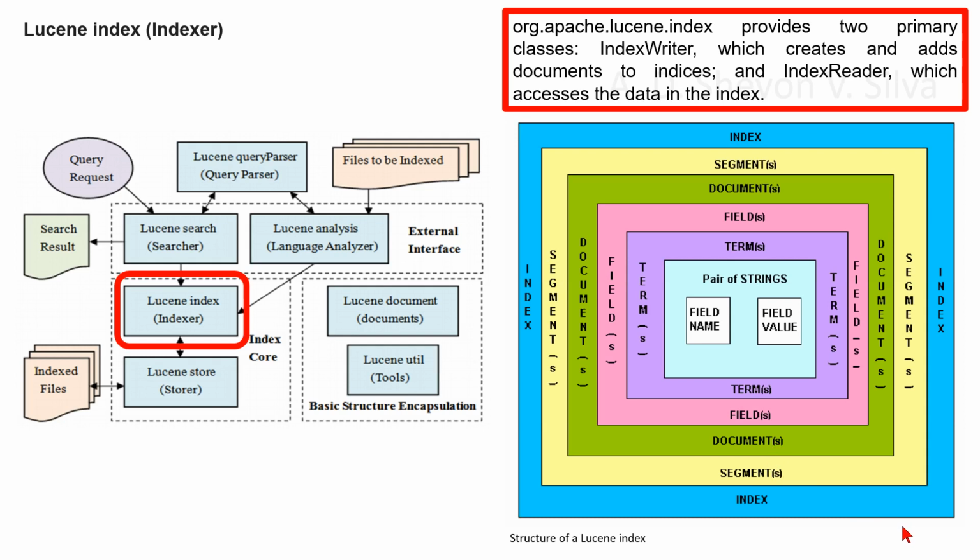All files belonging to the same segment share a common prefix and differ in the suffix. One can think of a segment as a subindex, although each segment is not a fully independent index.